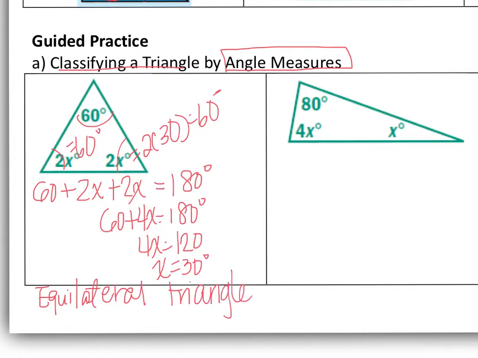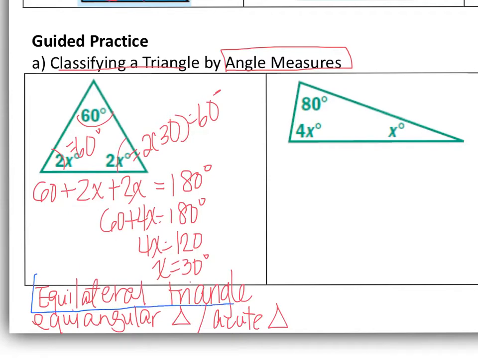This is also called an equiangular triangle or acute triangle. But I would like you to write the most specific name. Equilateral means all sides equal, all angles equal. Okay.